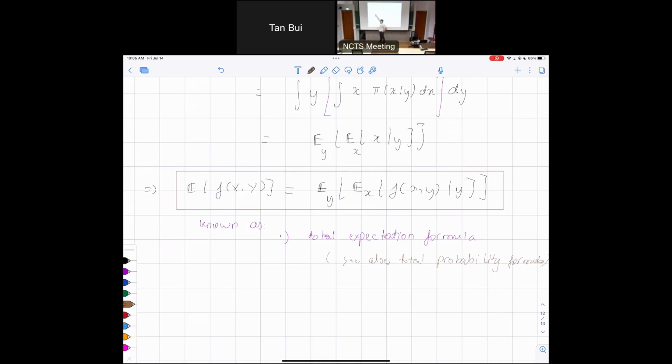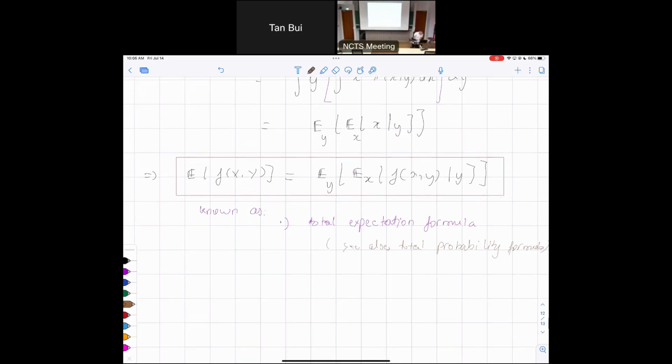If you put down an indicator function, then we actually recover the total probability formula that we saw two or three days ago. And if you think about it in a more mathematical way, this is just Fubini's theorem.